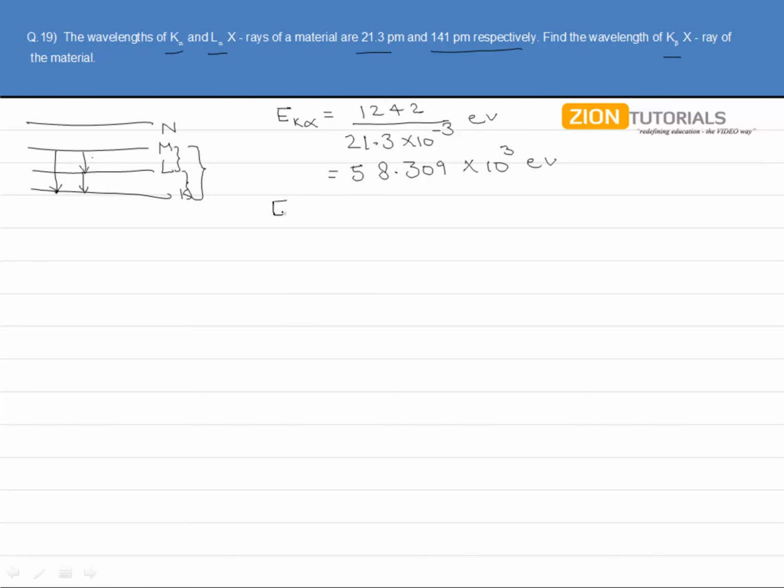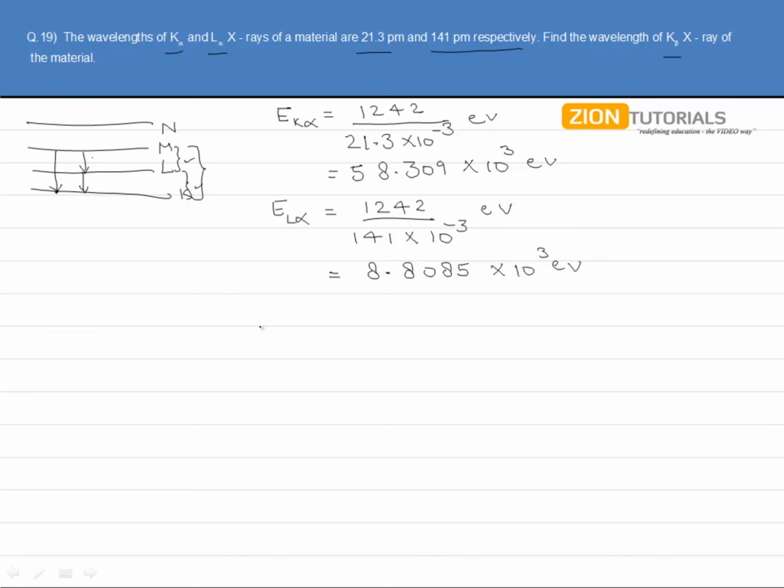Similarly, finding the second energy, that is the energy of L alpha, by the same formula, that is 1242 upon 141 into 10 to the power minus 3 electron volts, giving us a value of 8.8085 into 10 to the power 3 electron volts. So we have got this one energy and this one.